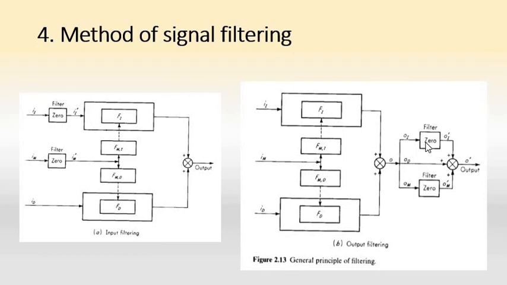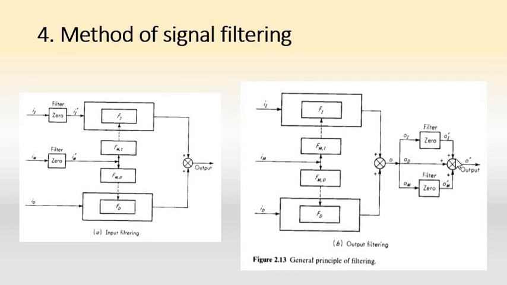So here 2 filters are used, one to filter out the output of interfering input, the next one is used to filter the output due to modifying input. As a result, the outputs of these filters, OI dash and OM dash, will be 0. As a result, the summing up device output will be the output what we require.